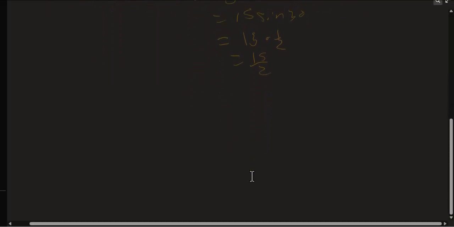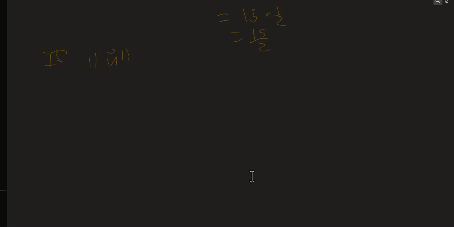So try this one. If the magnitude of U is 2 and the magnitude of W is 4, what is the magnitude of U cross W?